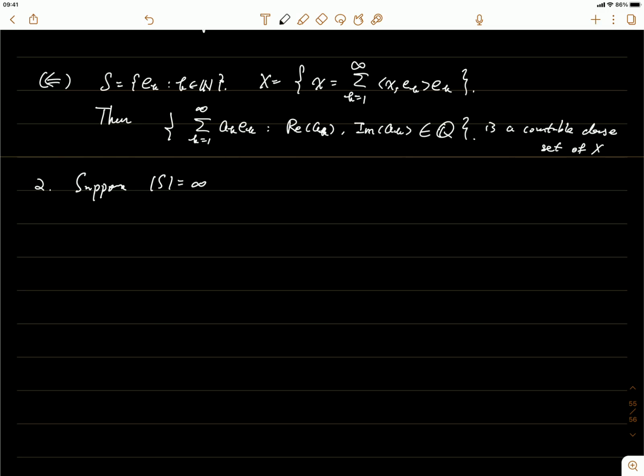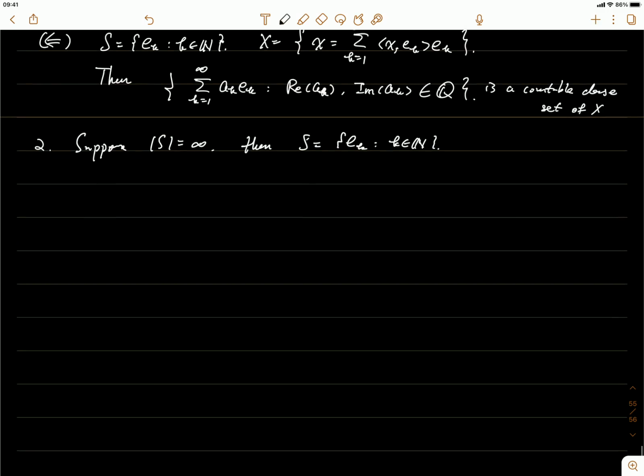Suppose that S is infinite, then we know S is equal to e_k, where k is from the natural numbers. Then we define this T, which will map every x.